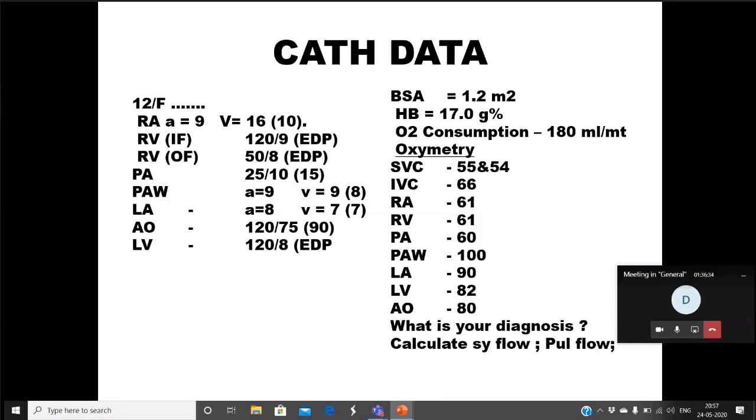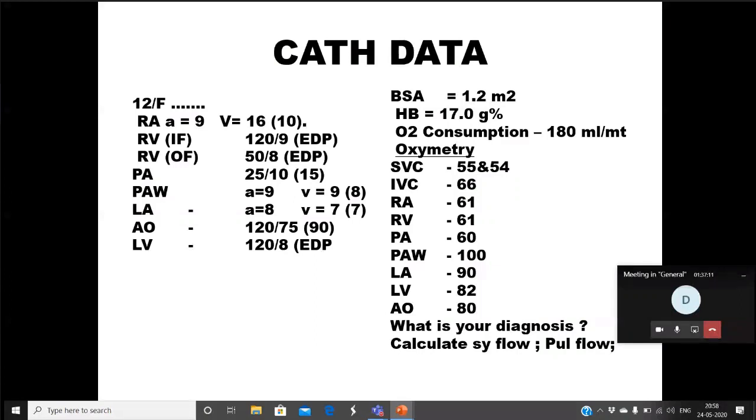Okay, right? Yes, sir. The oxygen at the IVC and SVC combined will be the same as the RA oxygen, same as RV oxygen, same as pulmonary artery oxygen. No difference. Then pulmonary artery wedge oxygen is 100, so that is normal.